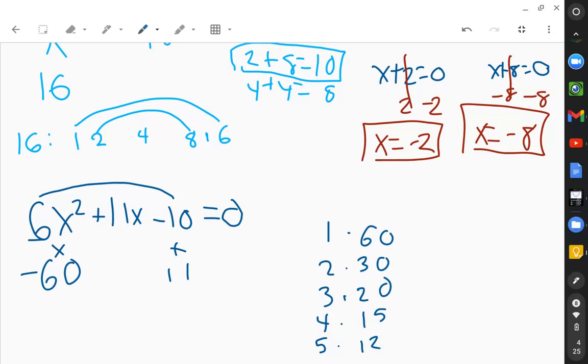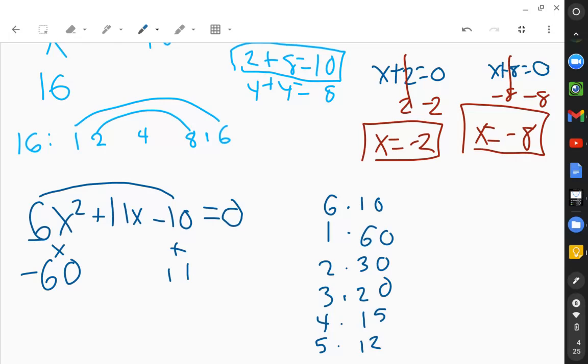We also have here 6 times 10. So I'm going to stop there for now, and let's just see which of these will multiply to negative 60, but give us an answer of positive 11.